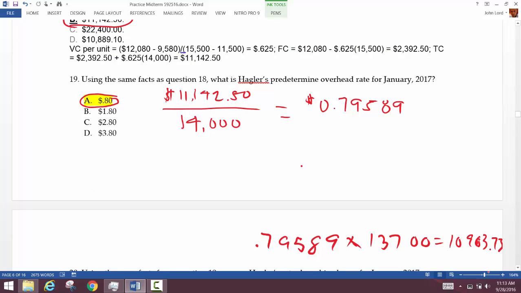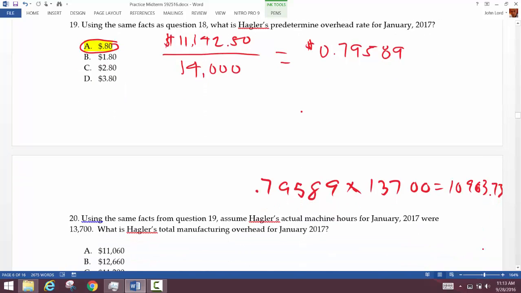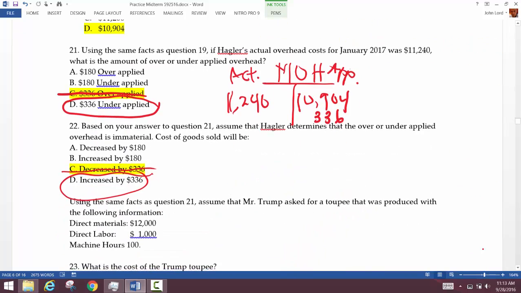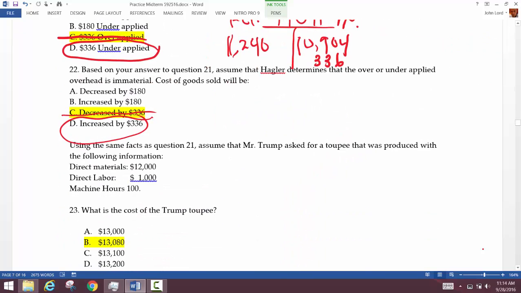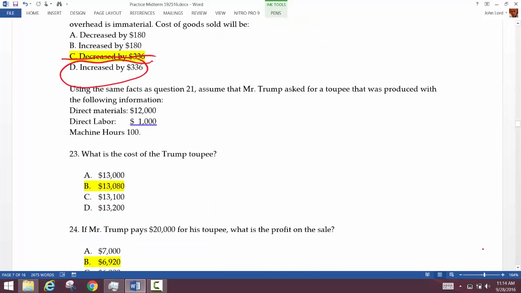So the predetermined overhead rate is 80 cents, or 0.7959. Right. So we got the predetermined overhead rate of about 80 cents. Good. So you times that by the machine hours, which were 100. 100 times 0.8, it's going to be 80 bucks. Yeah. Okay, good. And then you just add the 12 and 1 to get 13.